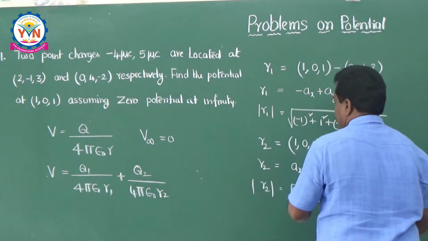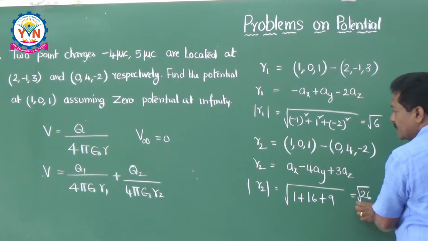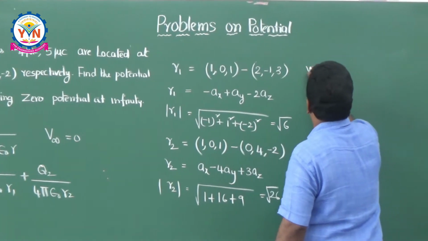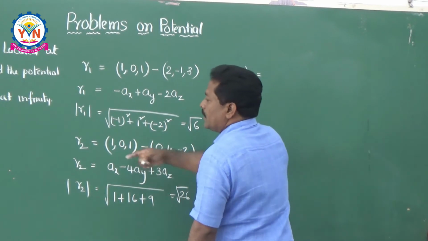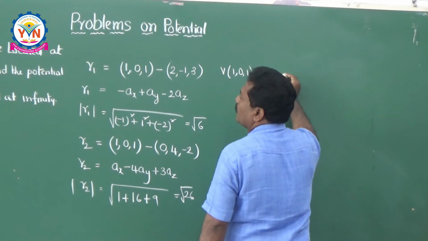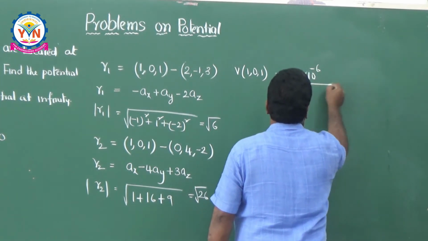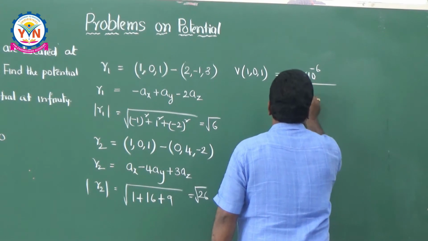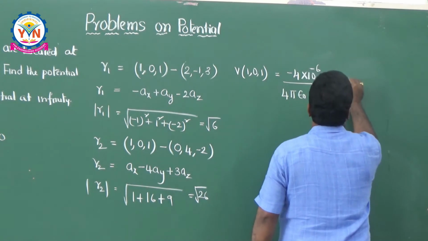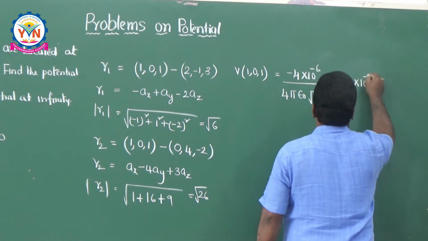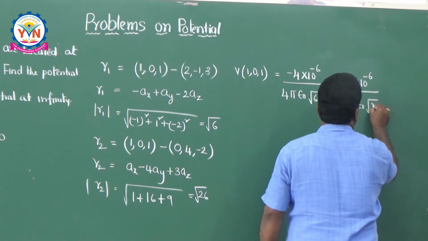Then simple friends, you know what is R1 and R2, root 6 and root 26. Then just substitute here. Therefore, V at (1, 0, 1) is equal to Q1, that is minus 4 into 10 to the power of minus 6 divided by 4 pi epsilon naught into R1, which is root 6, plus 5 microcoulombs, 5 into 10 to the power of minus 6 divided by 4 pi epsilon naught into root 26.